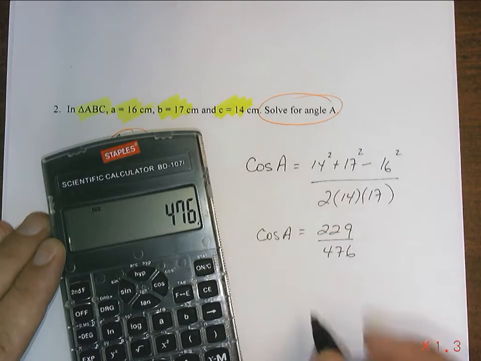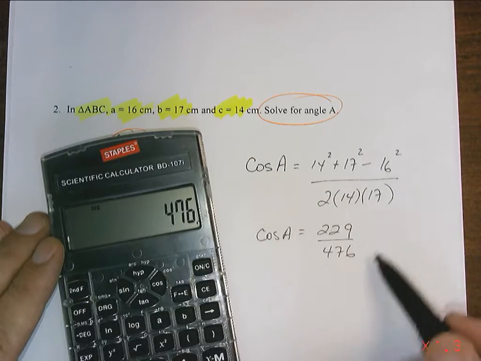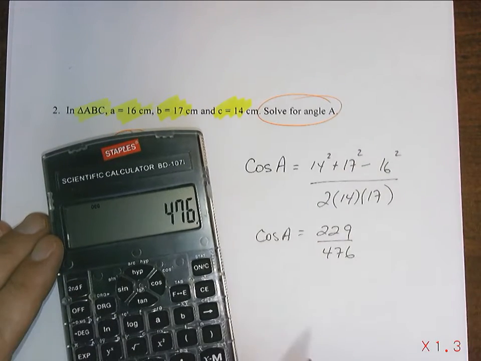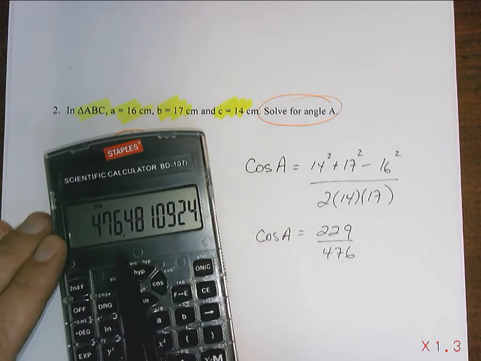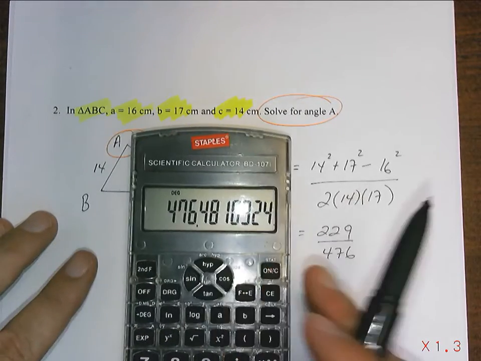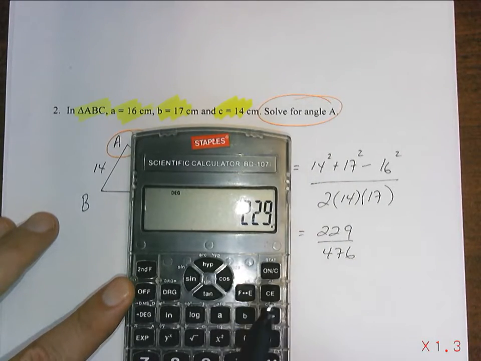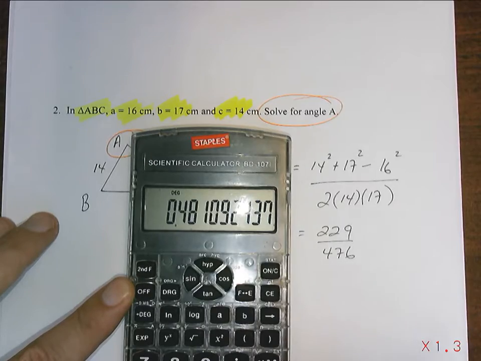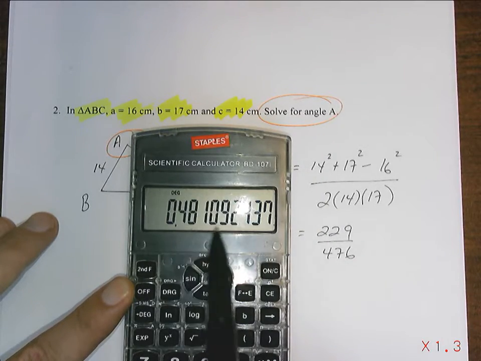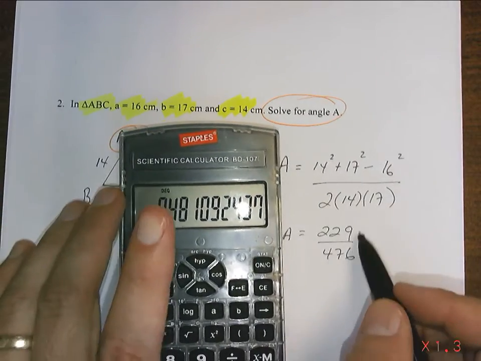Now that equals cos A. This is a decimal. This decimal is actually 229 divided by 476. Oh, that's wrong. I did that wrong. Let's try that again. 229 divided by 476. There we go. That decimal is this value.